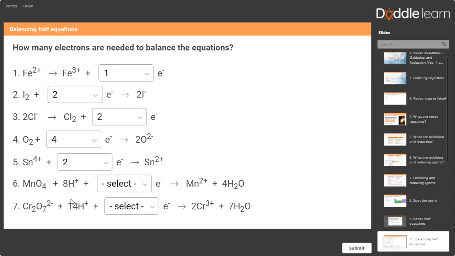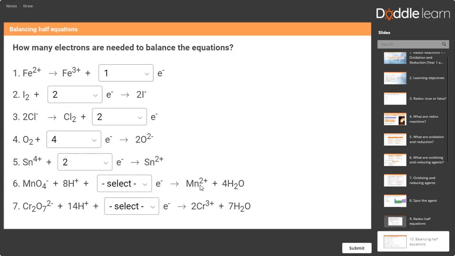Now the permanganate ion plus hydrogen ions plus a set amount of electrons going to manganese. We've got a charge of minus here and 2 plus here. Remember, we've got 4 lots of oxygens here, and we've got our hydrogens here. Over on the balanced side, we've got a 2 plus charge.